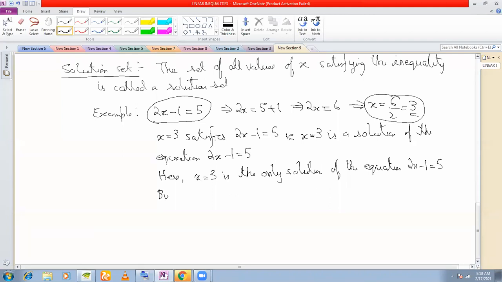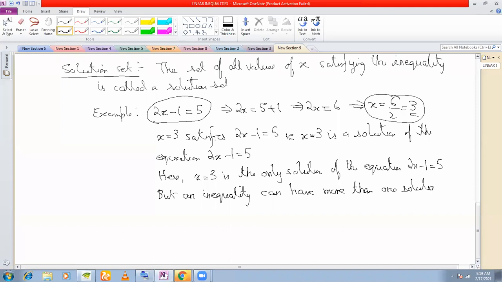But an inequality can have more than one solution. Remember this. An inequality can have more than one solution. Sometimes infinite also.